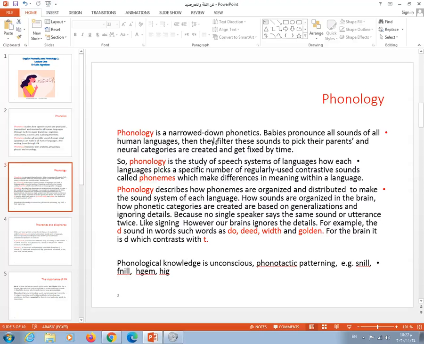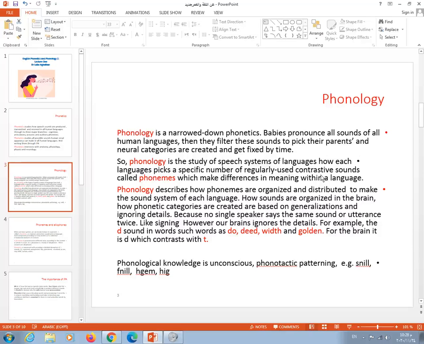Phonology is narrowed-down phonetics, because babies, for example, pronounce all sounds of human language when they are still toddlers or babies, and then they filter these sounds to pick the sounds in their parents' language, and by time they create neural categories which get fixed in the brain, and also they start to nurture some speech habits that remain fixed and become more and more powerful by time.